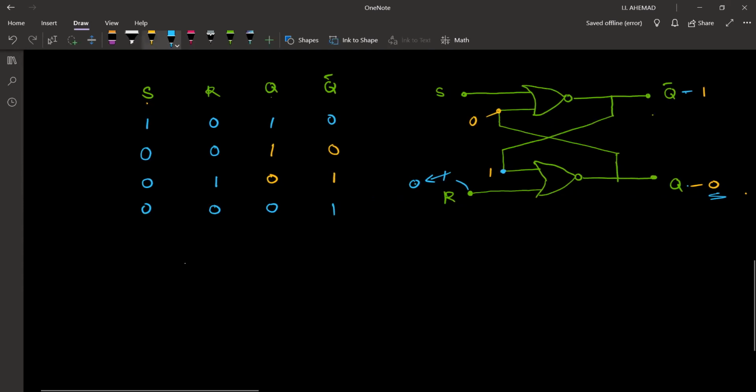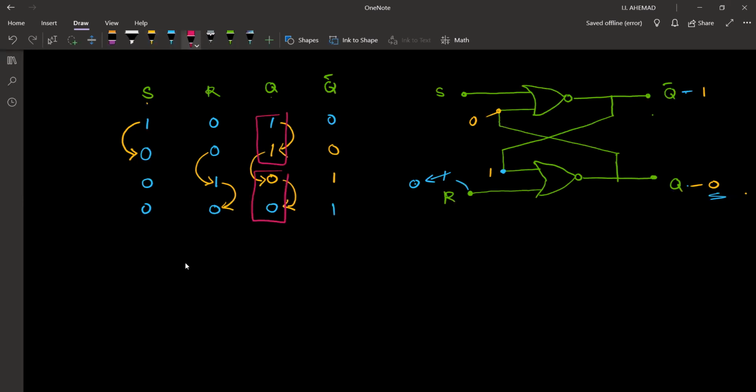Look, here when I set and remove the high voltage, the memory remains. When I reset, the memory changes. And when I remove the reset, still it remains. So over here and over here, it's acting as a memory. I hope you all understood the idea of flip-flop.